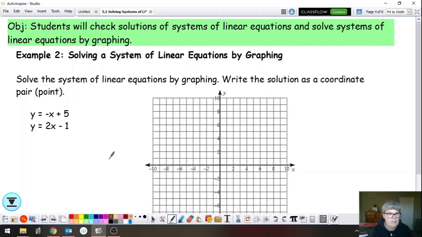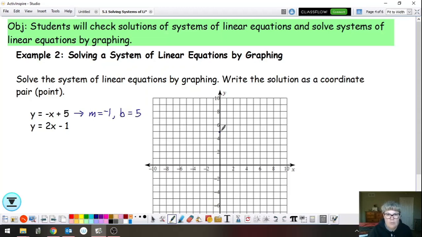Here's another example. Our equations are already in slope-intercept form. So we can go ahead and start graphing, start identifying our points. So for the first equation, we have a slope of negative 1, and we have a y-intercept of 5.